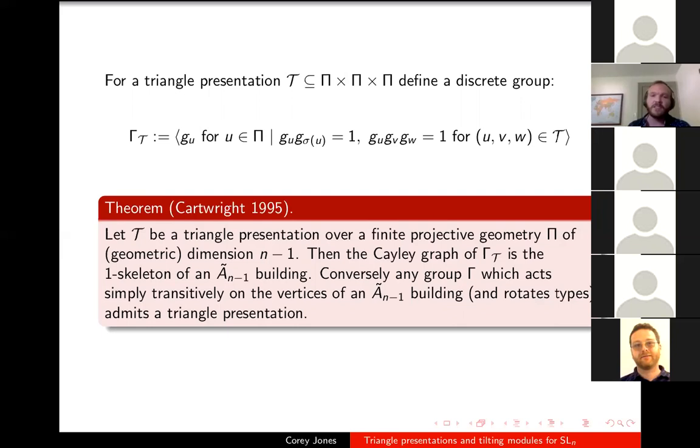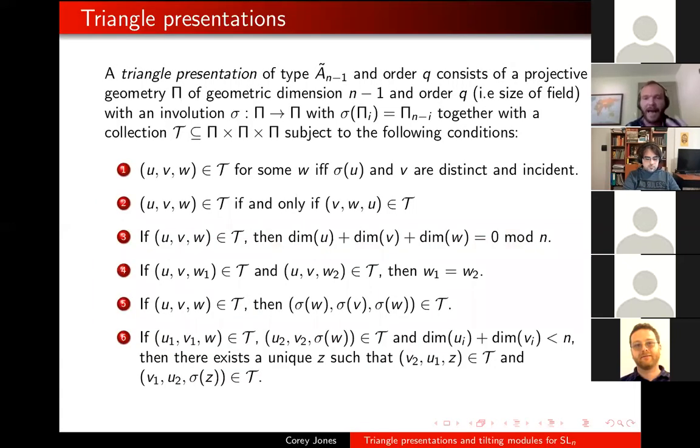So in some sense, these combinatorial objects, which we just defined as a collection of triples of a projective plane satisfying some combinatorial conditions, actually characterizes groups acting simply transitively on the vertices of affine A_n buildings. Okay, so in some sense, this combinatorics that we wrote down here is capturing the essence of very symmetric affine A_n buildings. Okay, that's the philosophy. That's what these things are.